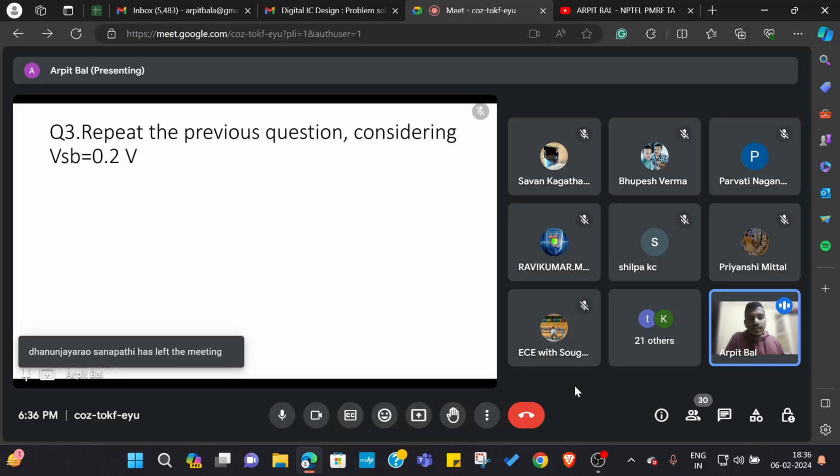So in the previous question we considered VSB is equal to 0. But now let us consider that VSB is equal to 0.2 to take into consideration the body effect.